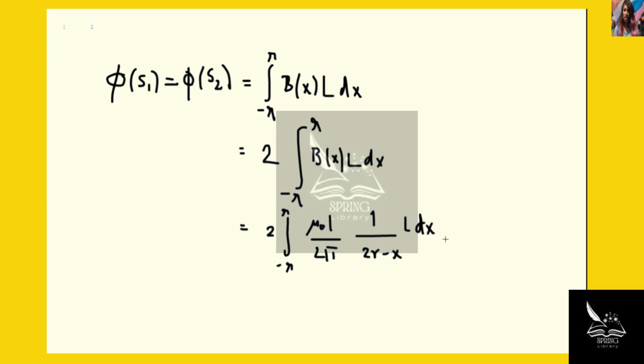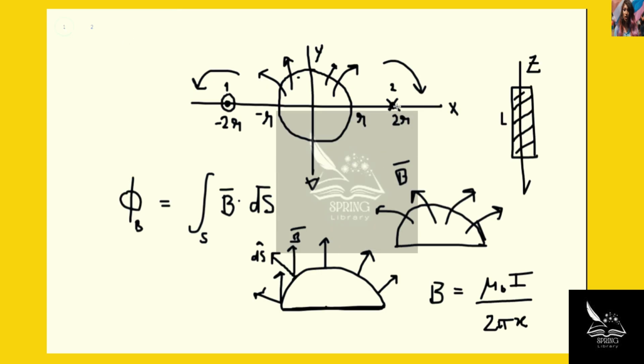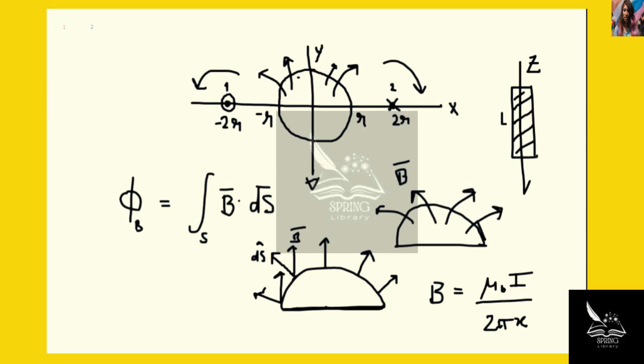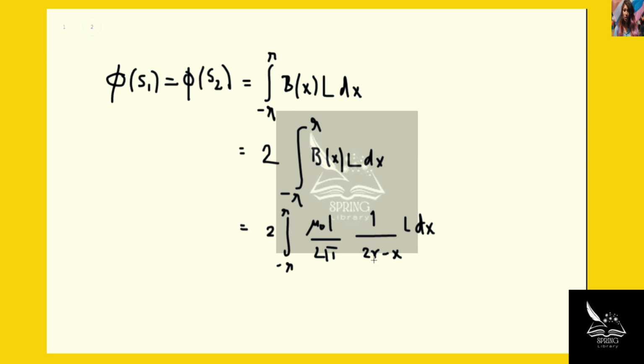If I take x as 2R, we are exactly at the wire's position, and the distance is 2R minus x.